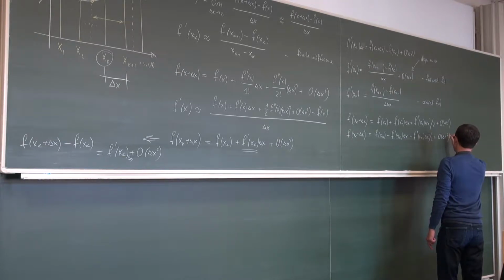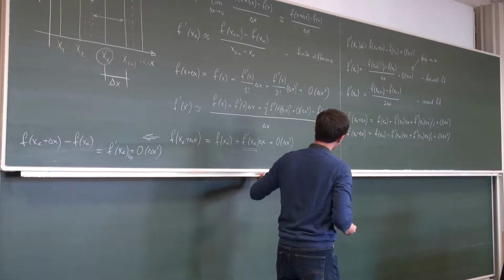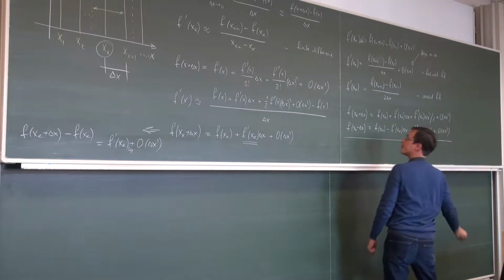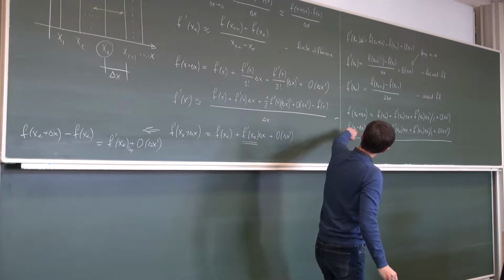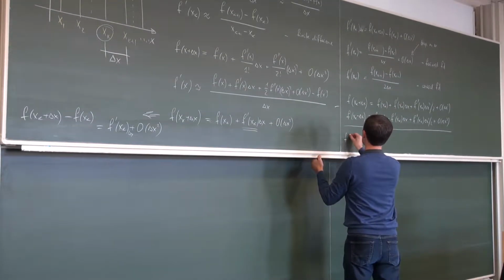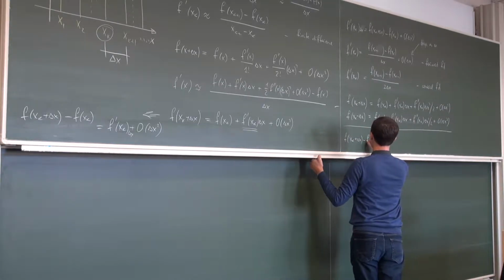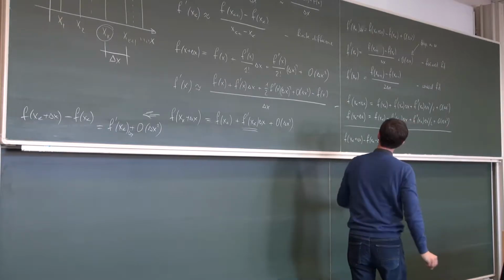You can now see why I was torturing you with Taylor series, because we are using this now. And so if we subtract these two, in the numerator we will have f of xk plus delta x minus f of xk minus delta x equals.